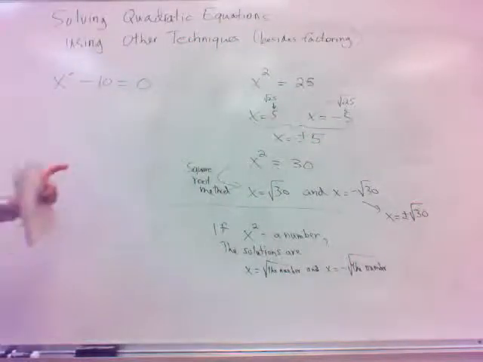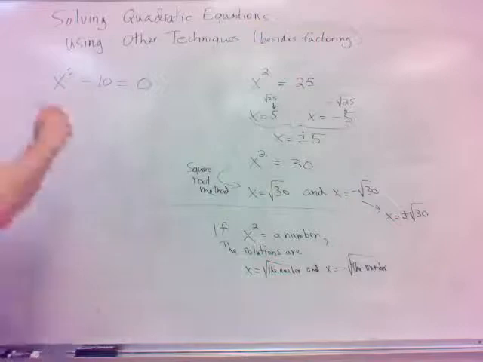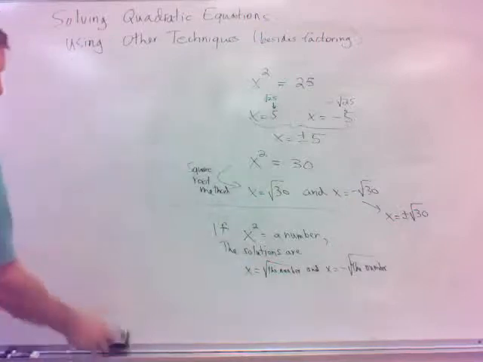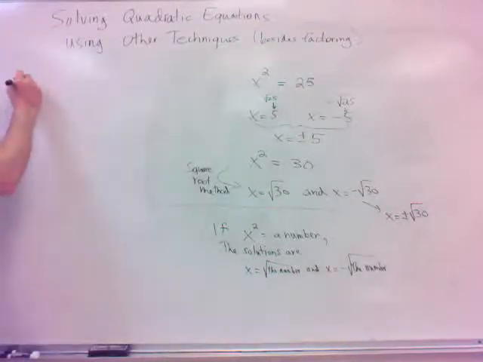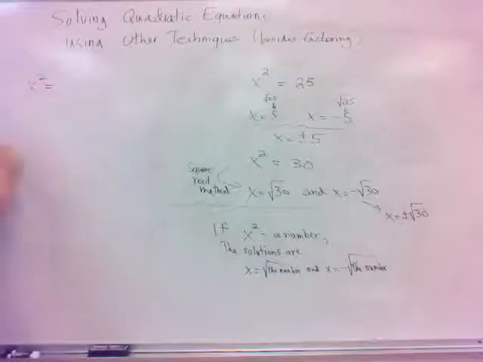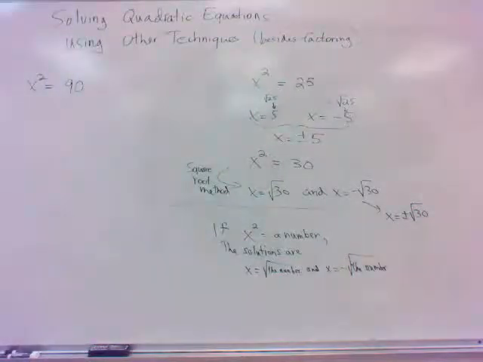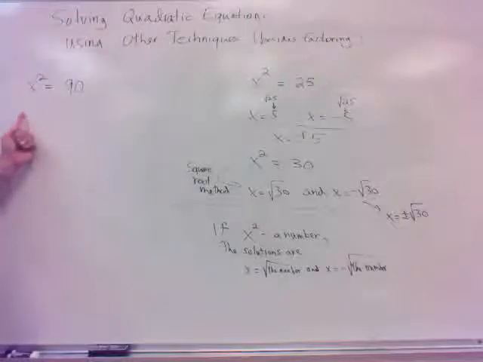So, here's kind of the synopsis of that. I'll get back to x squared minus 10 equals 0 in just a second. If I have x squared equals 90, basically the idea is I'm going to take the square root of both sides.